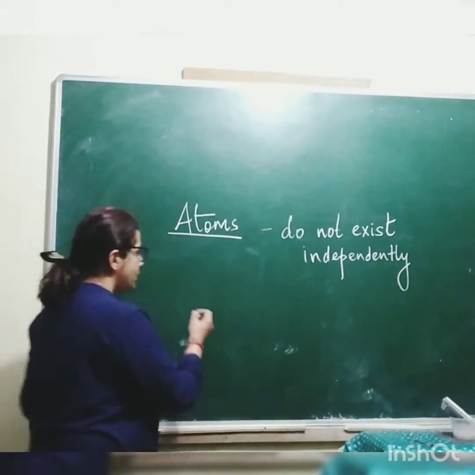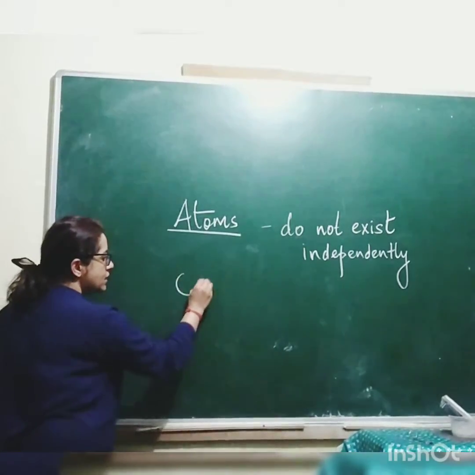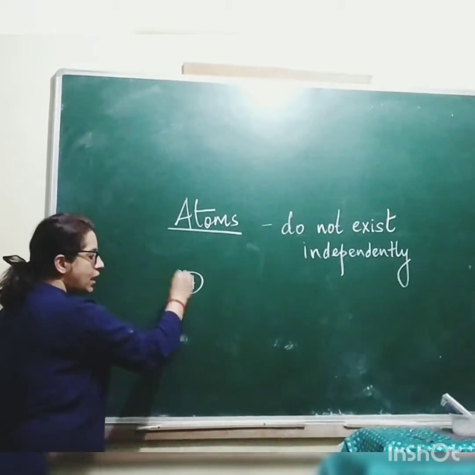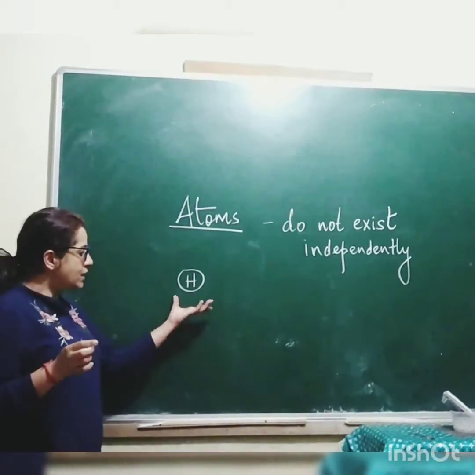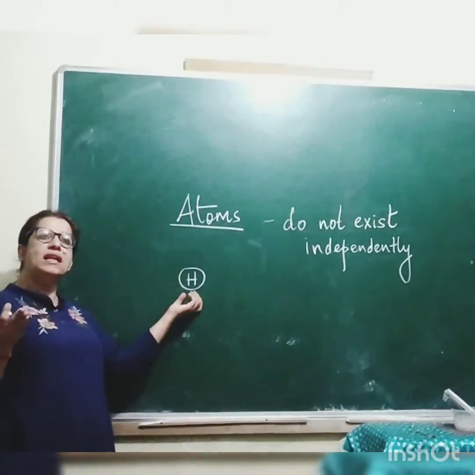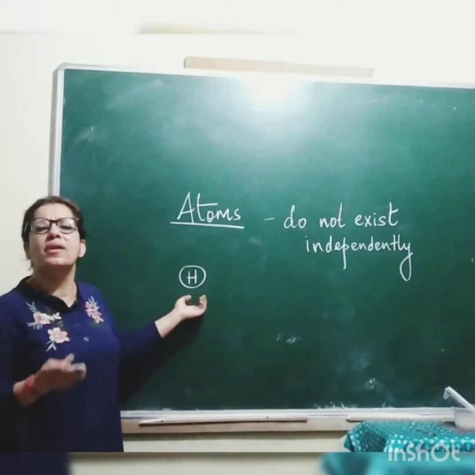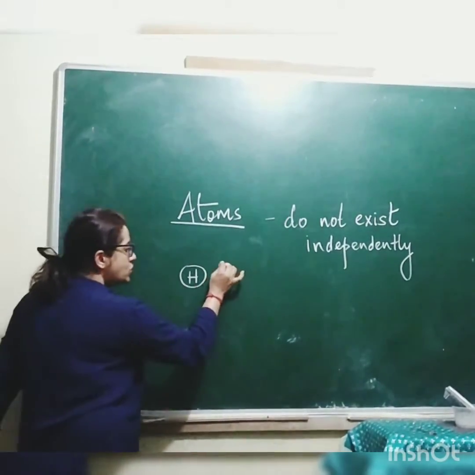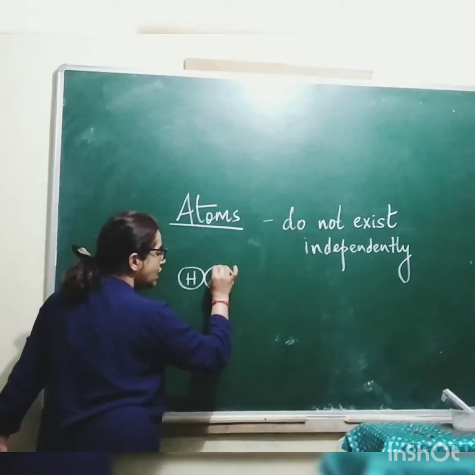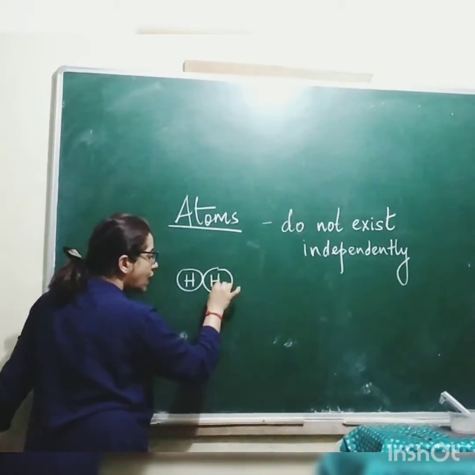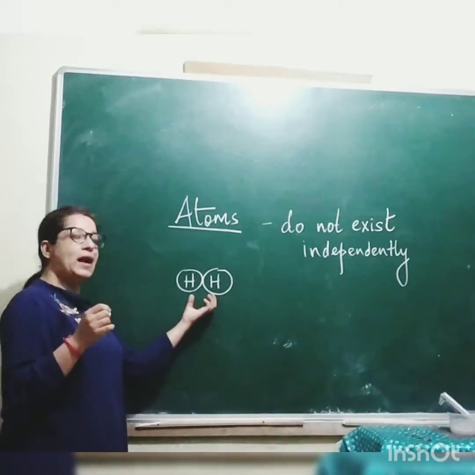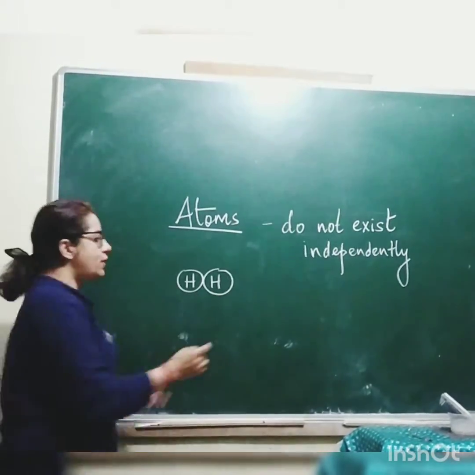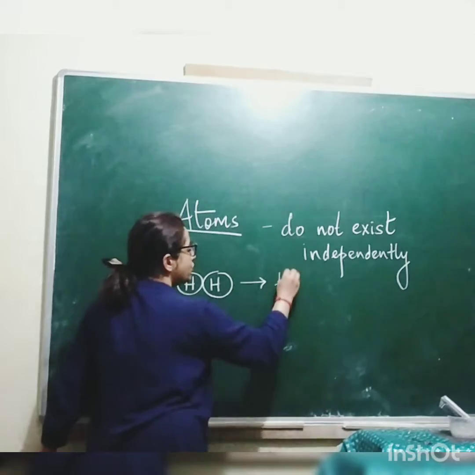So for example, suppose this is an atom of hydrogen. You will see that this single atom of hydrogen is not found anywhere in the universe. It will combine with another atom of hydrogen to form a molecule of hydrogen, and then you will find hydrogen in the atmosphere.